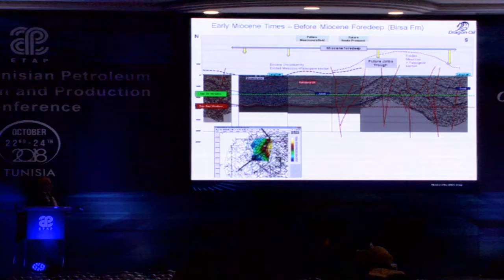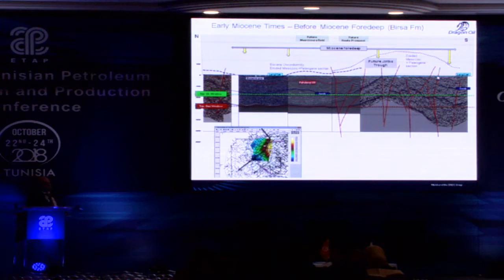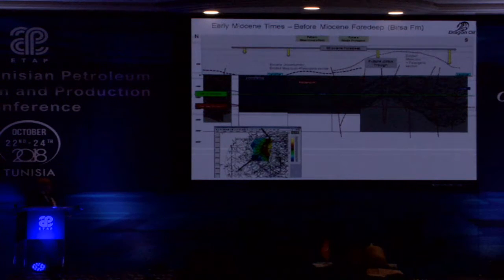This is, of course, the foreland bulging, as we interpret it now, from something that was a chain somewhere there. No surprise, but important for us because it generates a source rock subcrop.